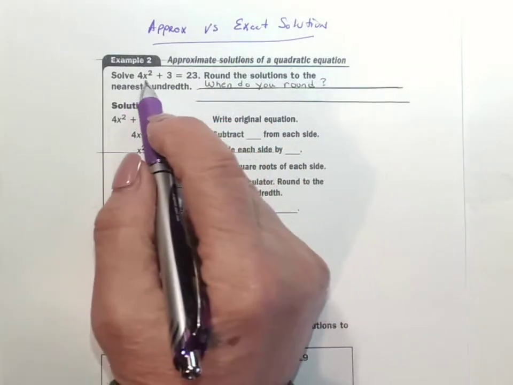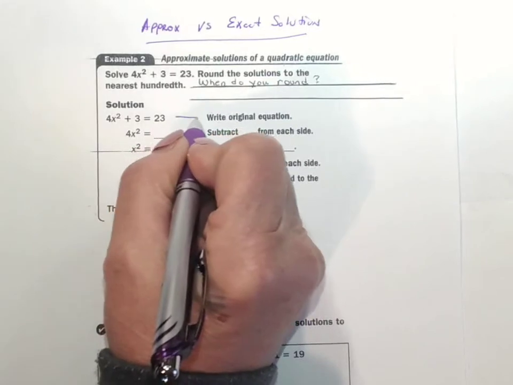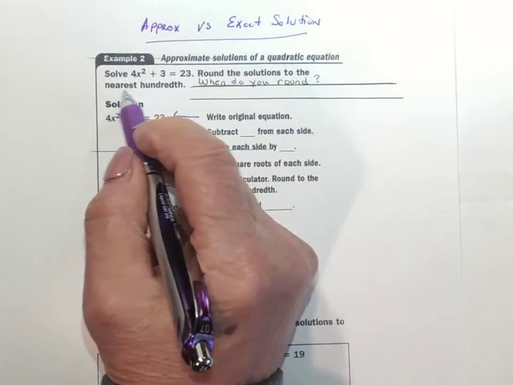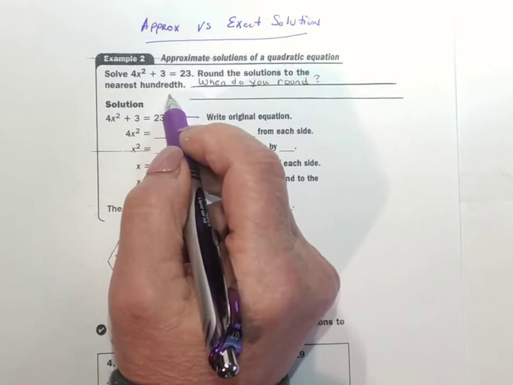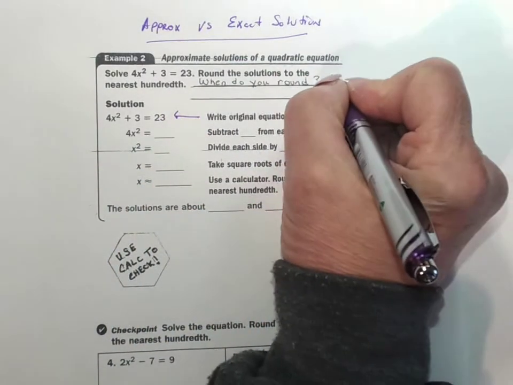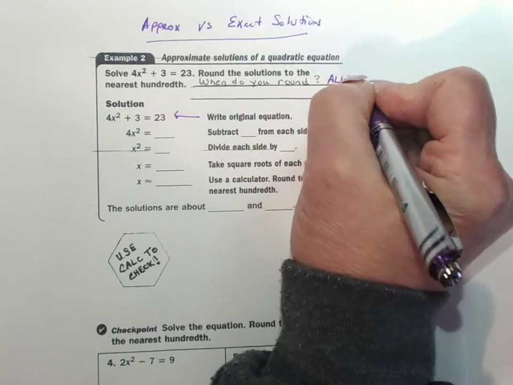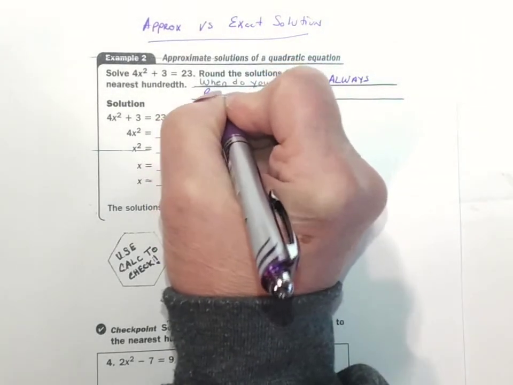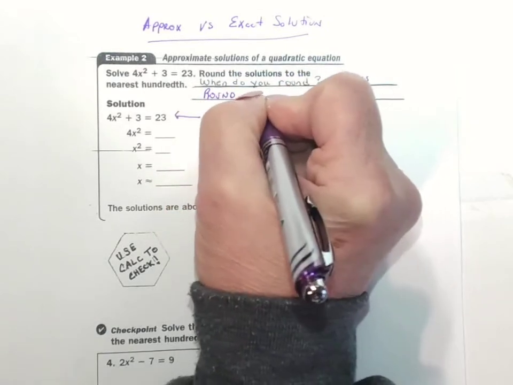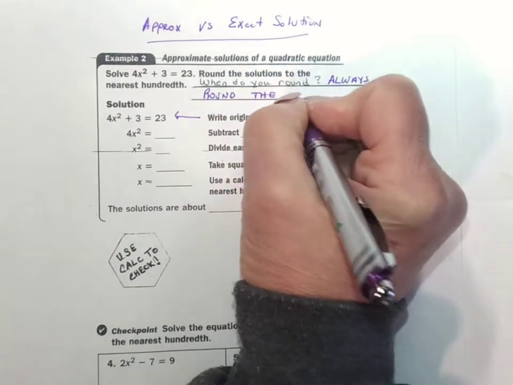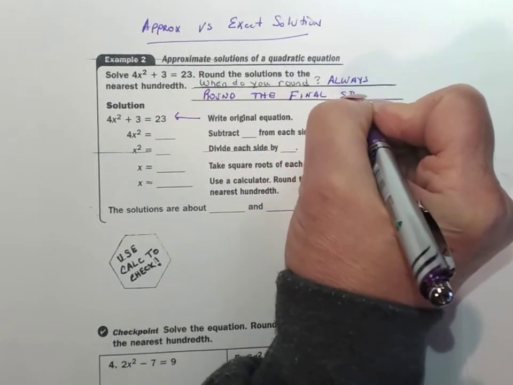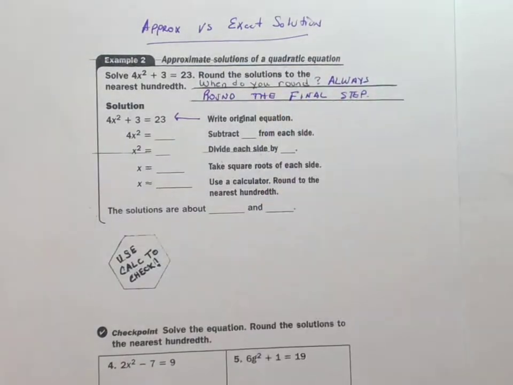So here's our original equation, and we want to round to the nearest hundredth. The important thing is always round the final step. That's very important. You never round in the middle.